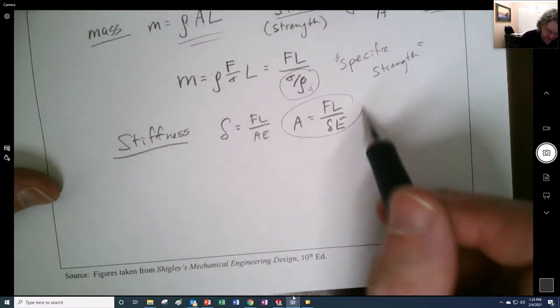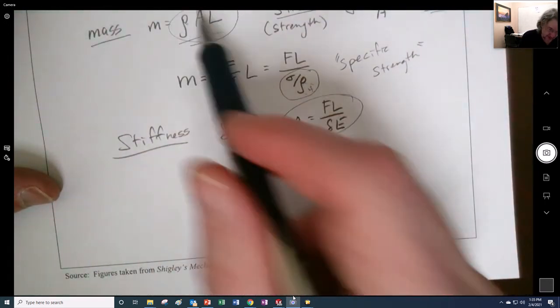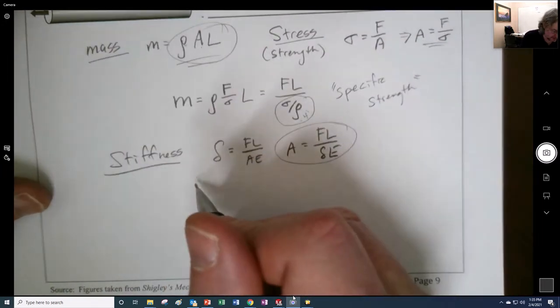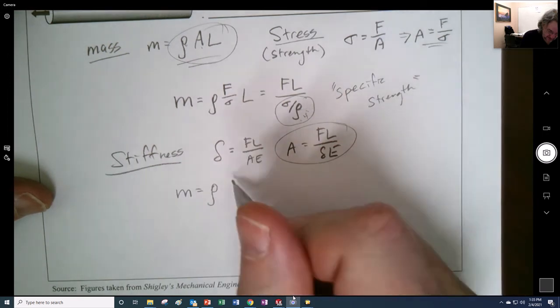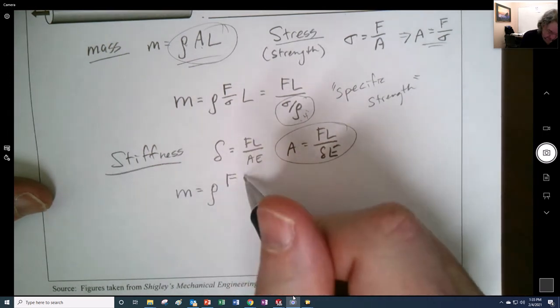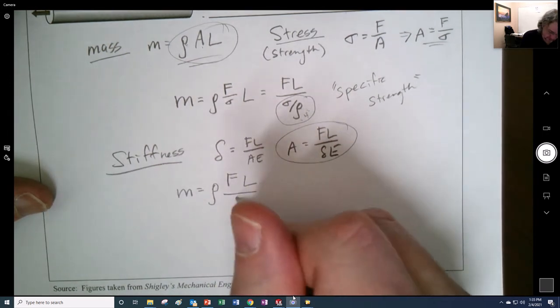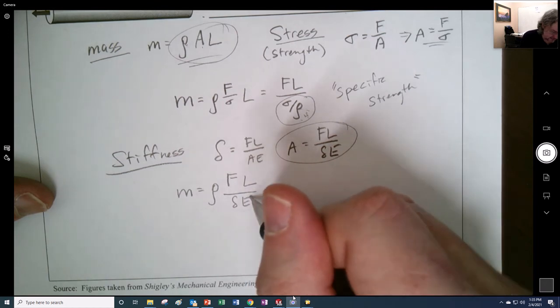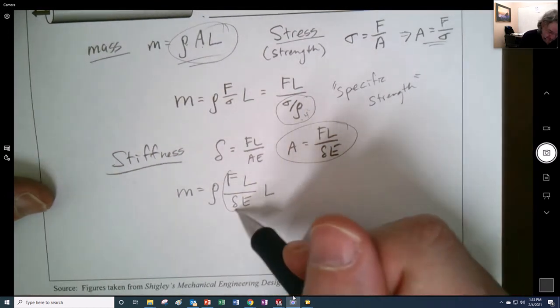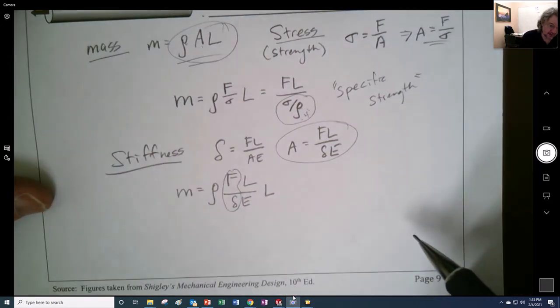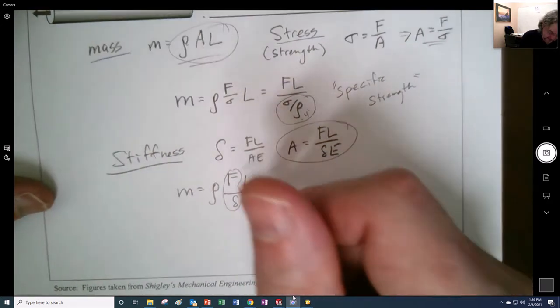If we were to place that back up into here, we could now say that the mass is equal to density times FL over delta E times L. Notably, F over delta is stiffness.